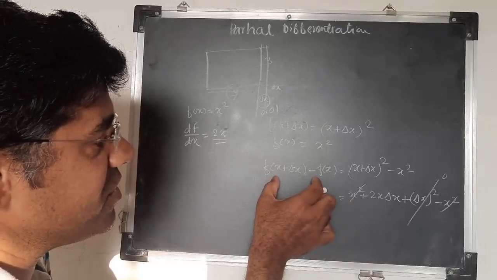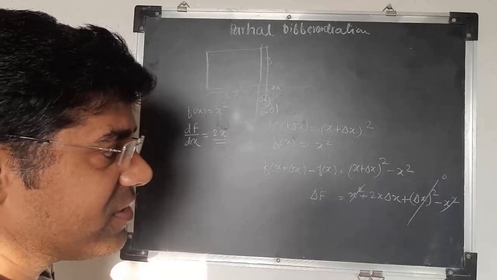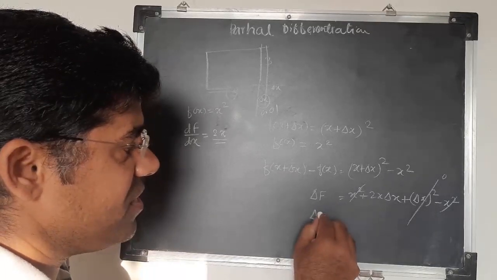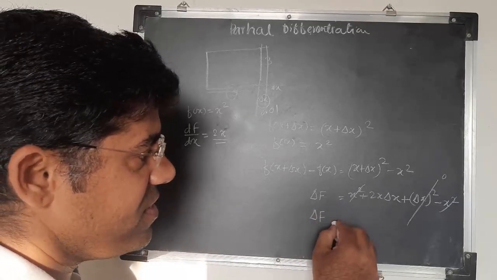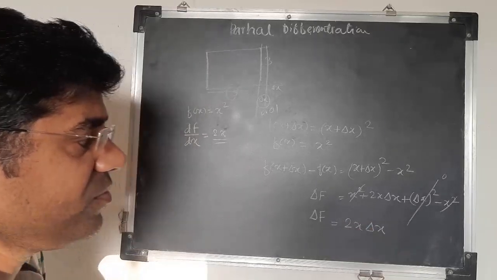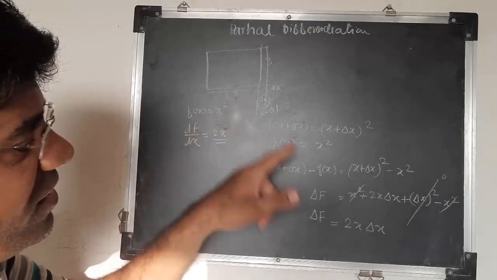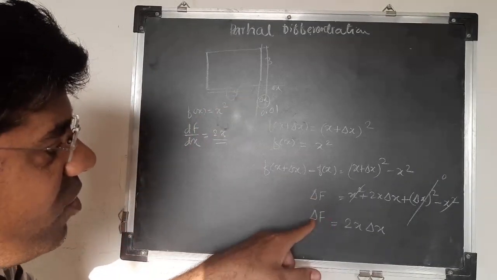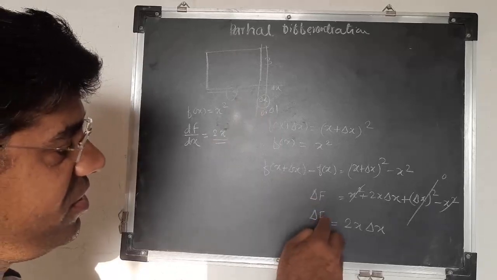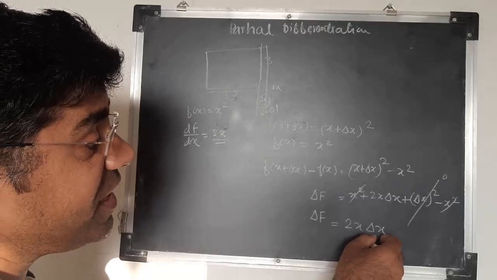This is nothing but your change in f. So this is df, yes, so we can find out df is equal to twice x times delta x. Now our x quantity is what? This one, delta x. So you can find out how much the change in df is due to this dx quantity.